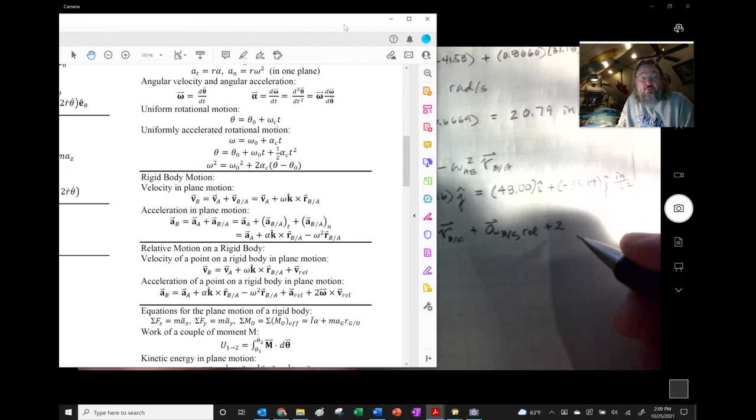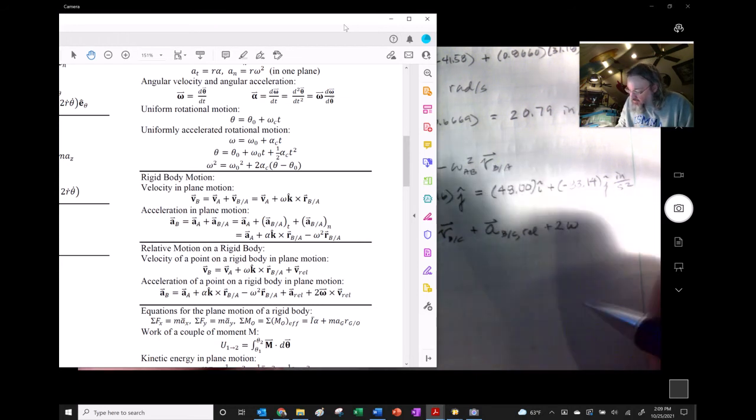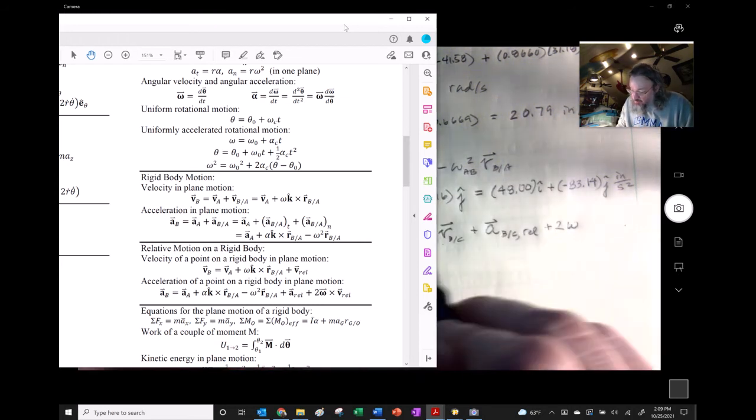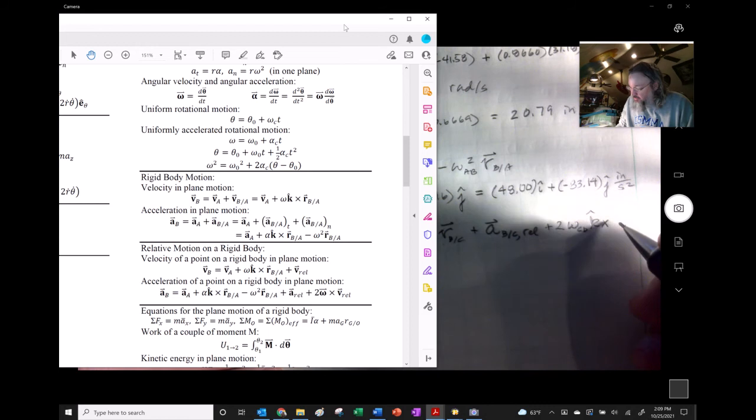We should actually probably write it out this way: omega CD K crossed with V, C with respect to D, B with respect to C, B with respect to C rel.